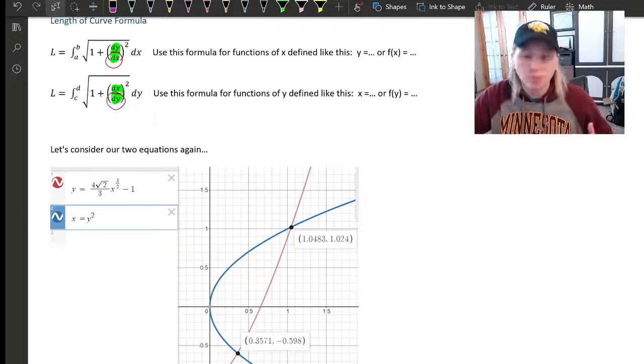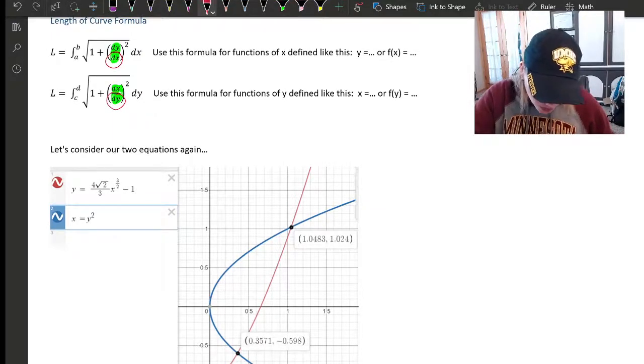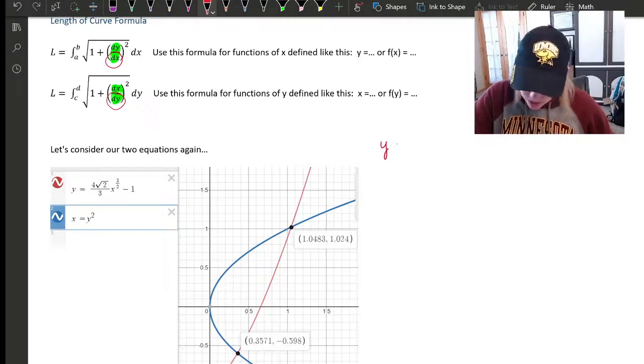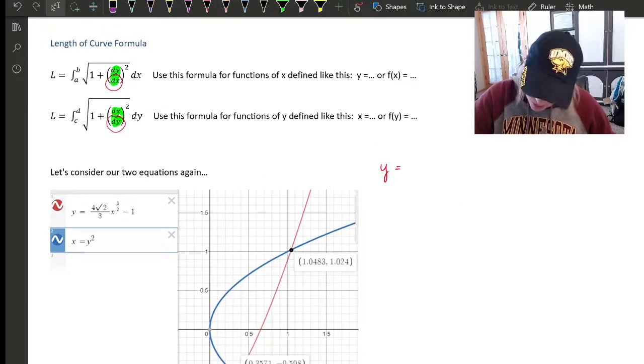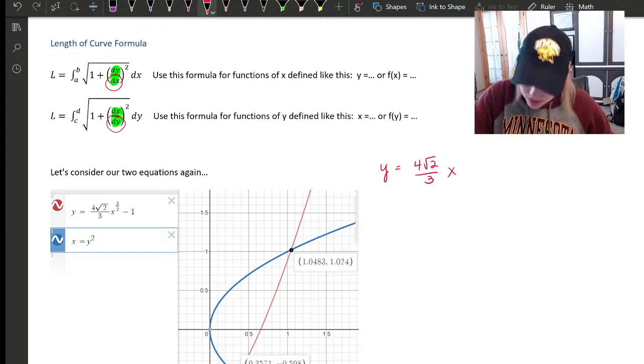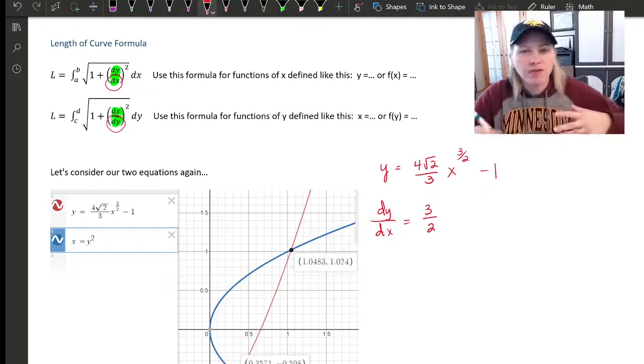Let's go ahead and start by finding each derivative. So I'm going to find the derivative of the red curve. The red curve is y equals 4 square root of 2 over 3 x to the 3 halves minus 1. So dy dx is going to be 3 halves. Remember, I'm finding the derivative.